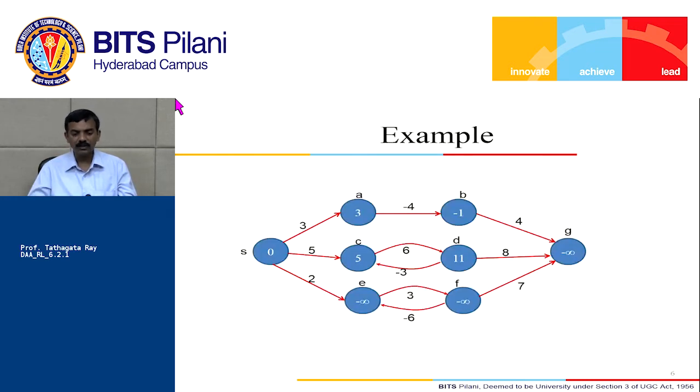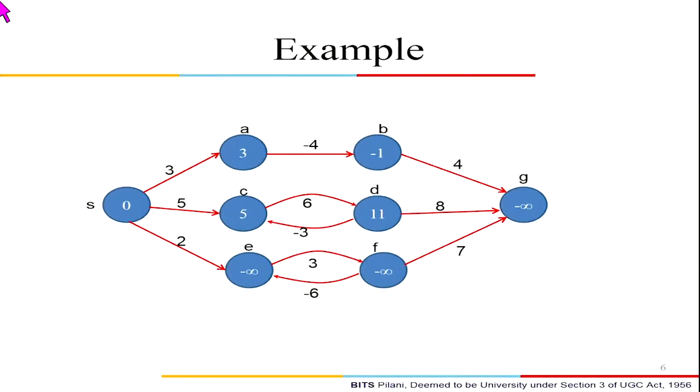Let's understand that using an example. Notice that this is a directed graph, and we have the source vertex S. We want to find the shortest path from S to, say, A. You can see that the shortest path from S to A is nothing but this edge, so the total weight is 3.